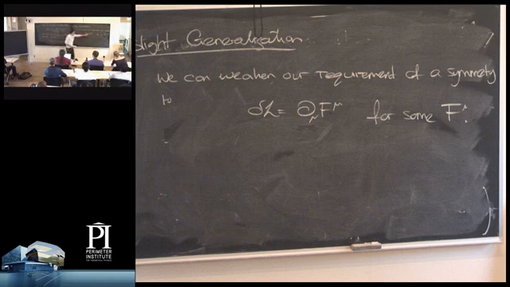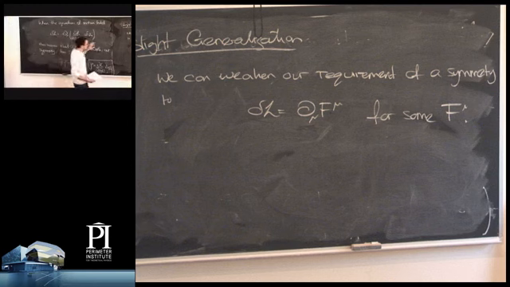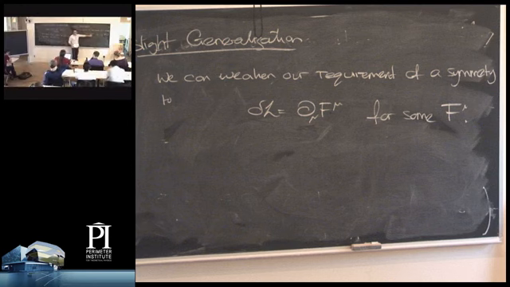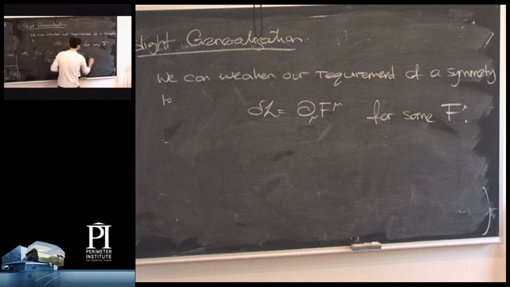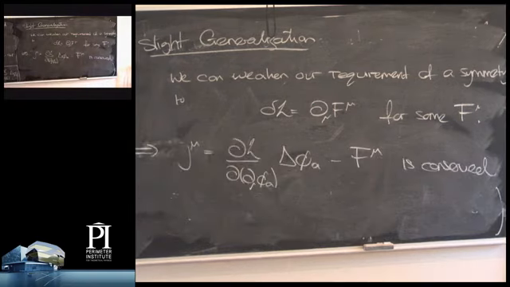Okay, anyway, if this is true, it's clear that we can just take the proof through, because now delta L is still equal to this, but the symmetry requires that it's equal to this, which means that we can still construct a conserved current.